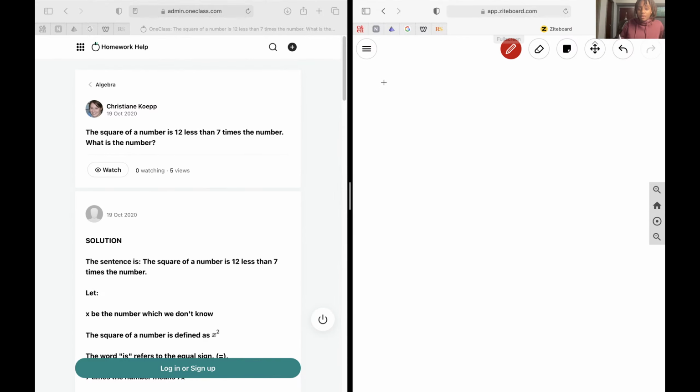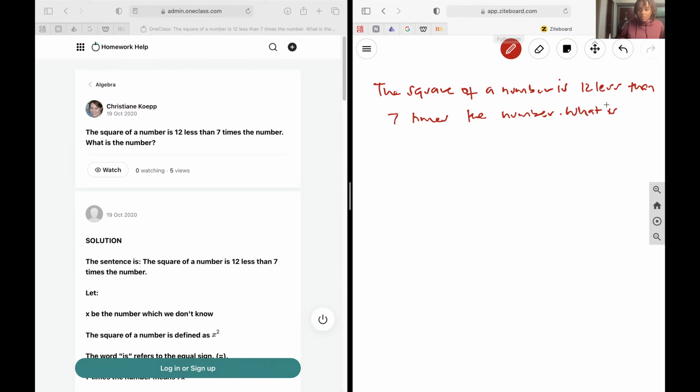And so for this question, I have that the square of a number is 12 less than 7 times the number.